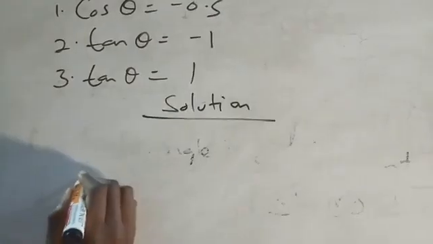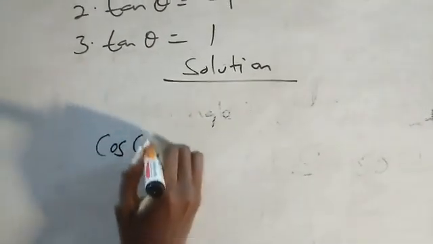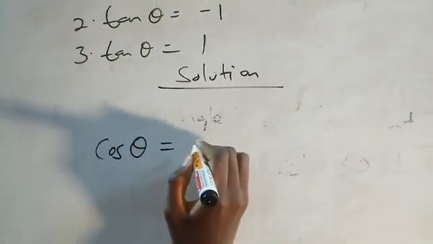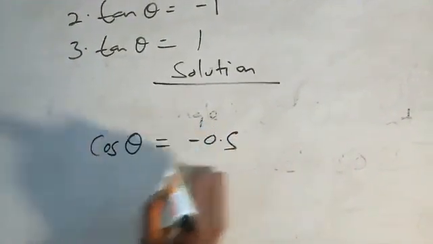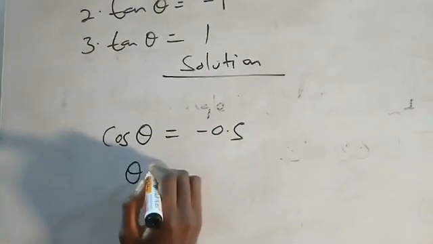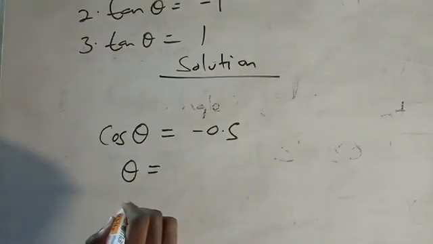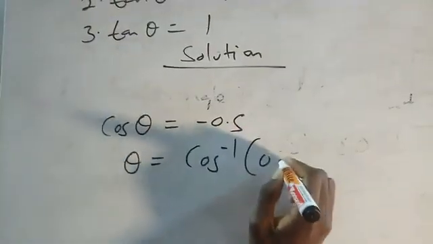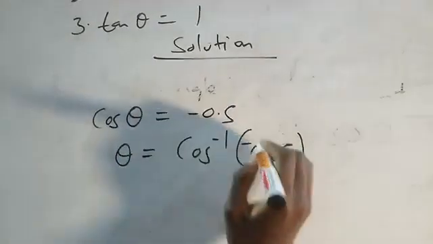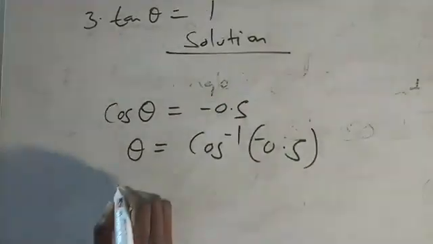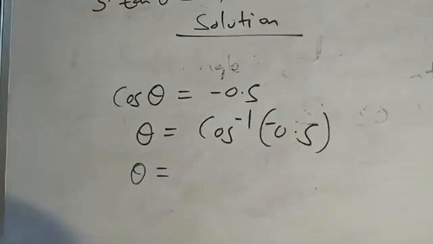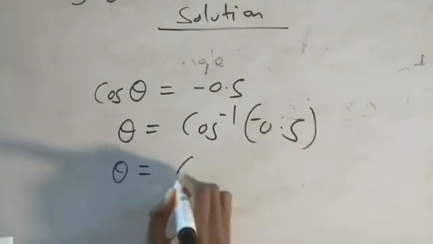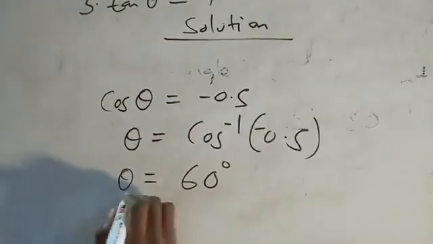Theta alone will be cos inverse of 0.5, ignoring the negative, becoming theta equal to 60 degrees.